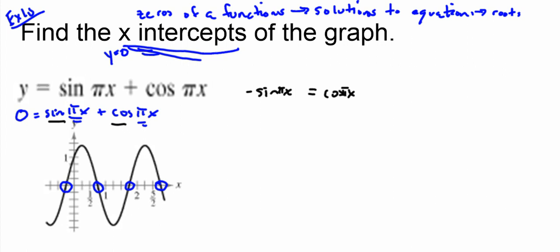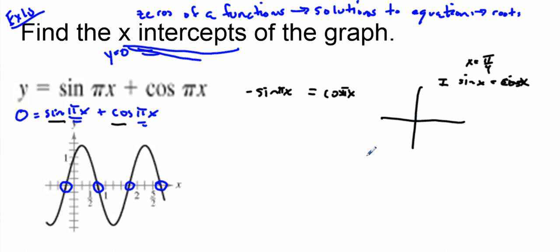They have the same reference angle, 45 degrees, when they're equal, but we want them opposite. In the first quadrant, for x equal to pi over 4, sine and cosine will be equal. Oops, it should be cosine of x. What else are they equal?